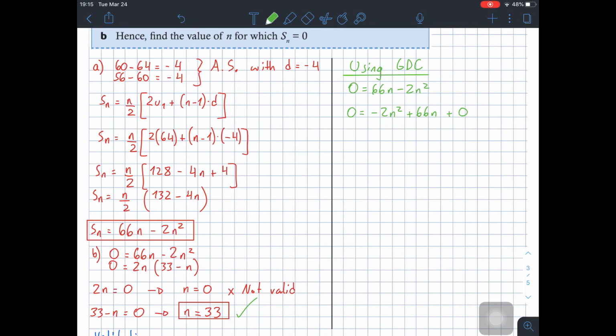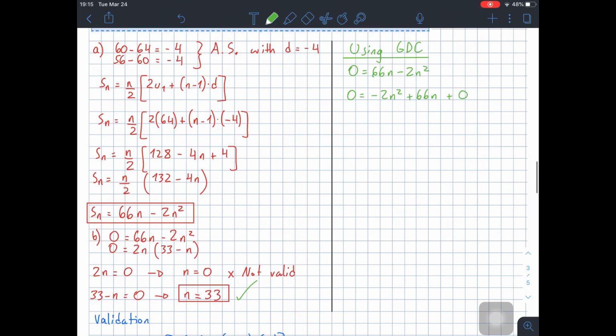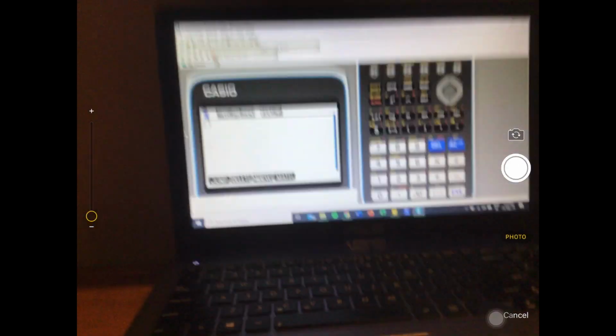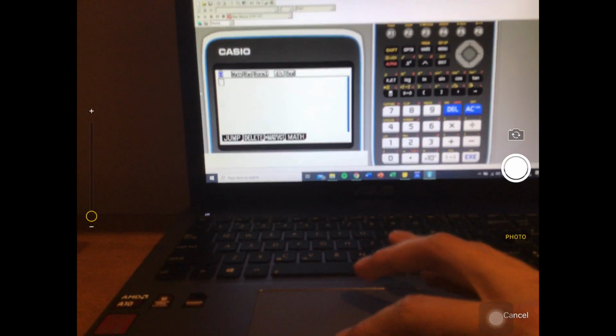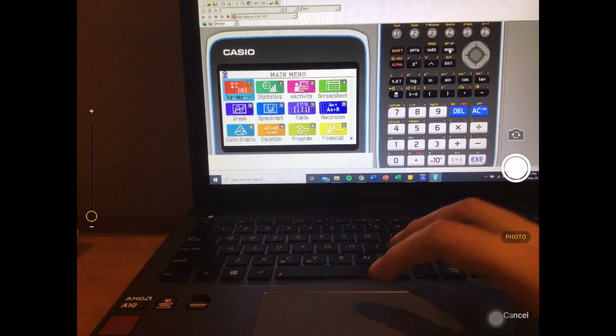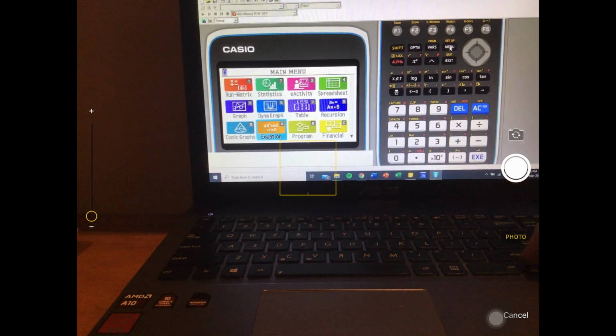So if you use your calculator, remember it's menu, equation, and then I'm going to show you the steps right here. So this is your calculator, right? So you're going to go to menu, equation.